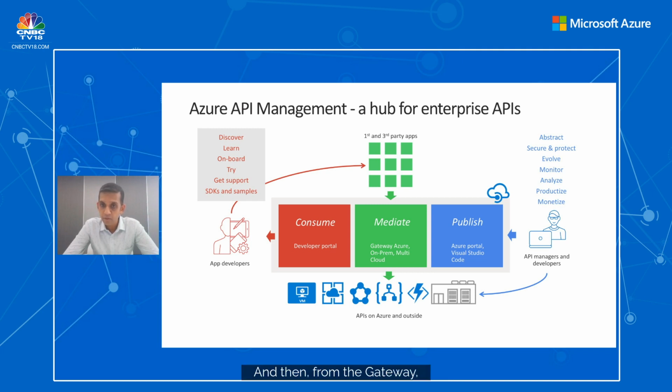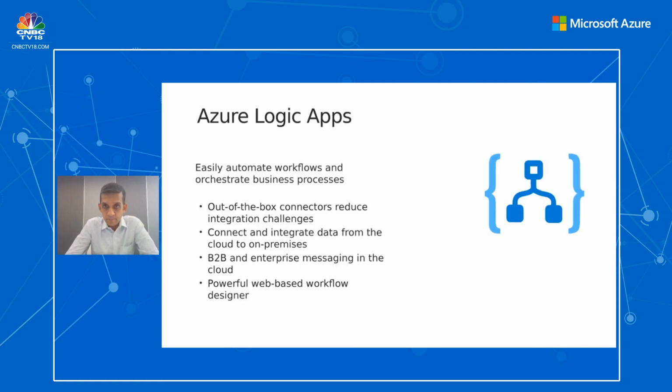And then from the gateway, the API call goes to the backend application, and the response then follows the same path. So Azure API Management is a full lifecycle API management solution that can cater to all your API management requirements. We'll also see a demo on Azure API Management.